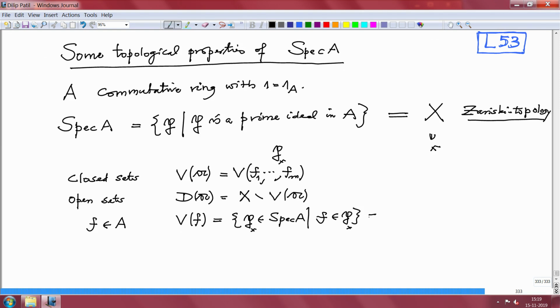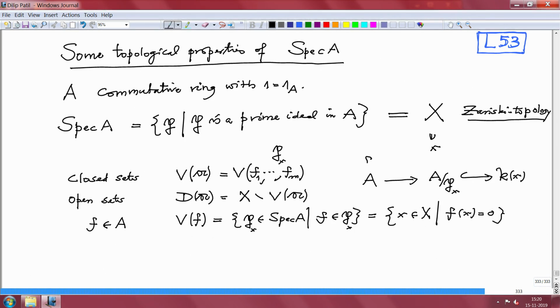So, you can think of these as all those points x in X such that f(x) is 0. I keep saying f(x), but remember f(x) is the image of f: you have A here, you have A mod P_x here, this is an integral domain. So it has a quotient field, that is kappa(x), the quotient field of this integral domain, and we have an element f here.